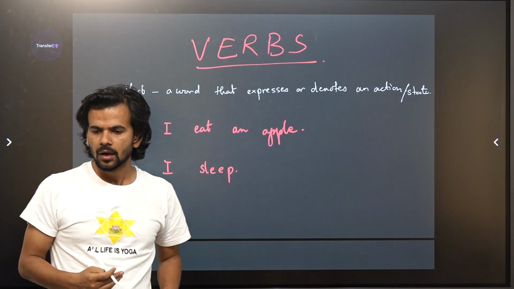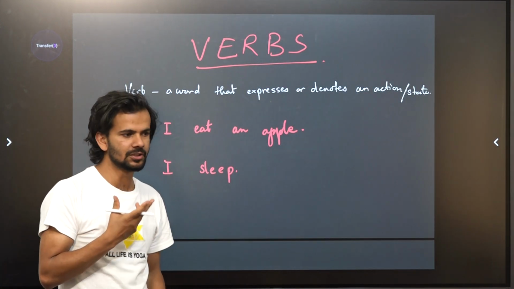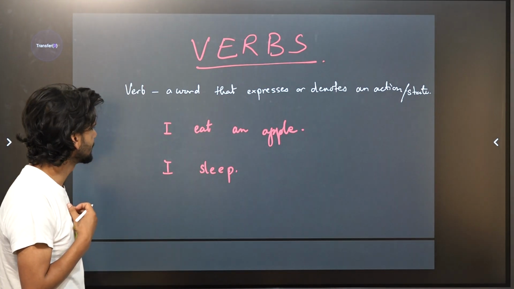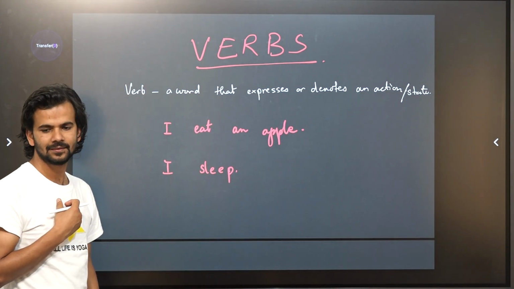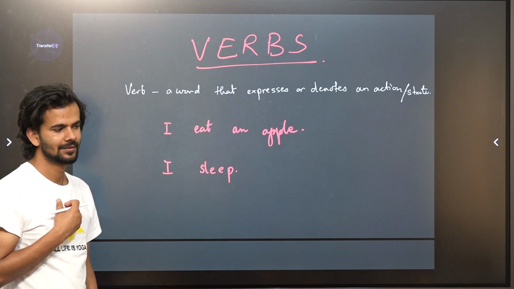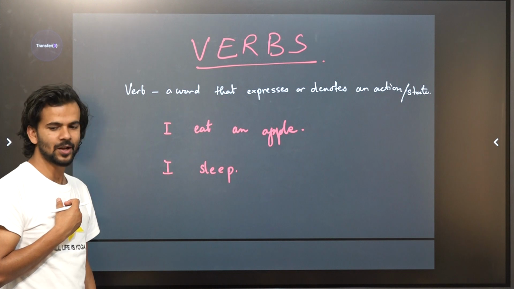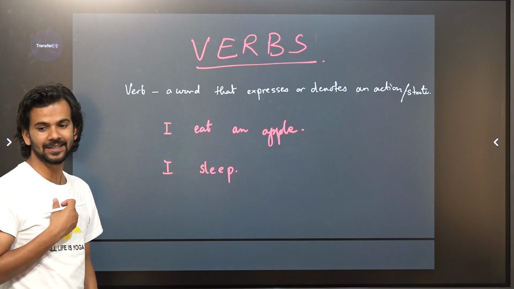So, can you figure out something different about these two sentences? Can we think about it? In the first sentence, there is subject, verb, and object. In the second sentence, there is subject and verb. No, there is no object. I'm not asking you the answer, what kind of verb it is.